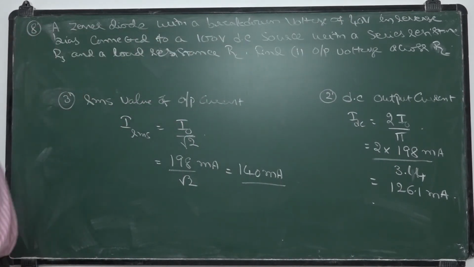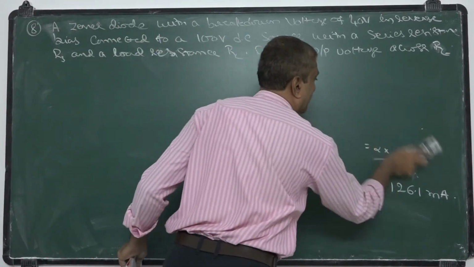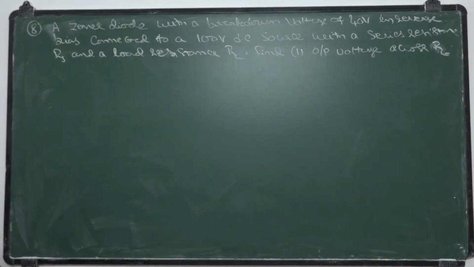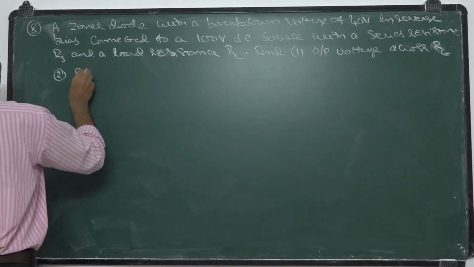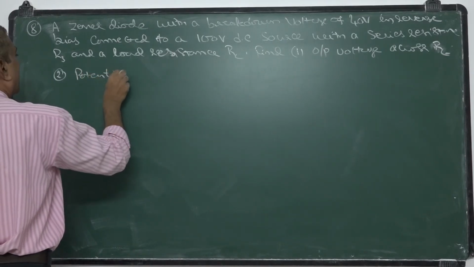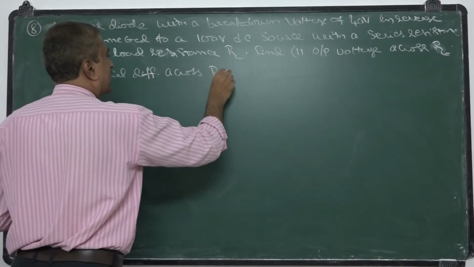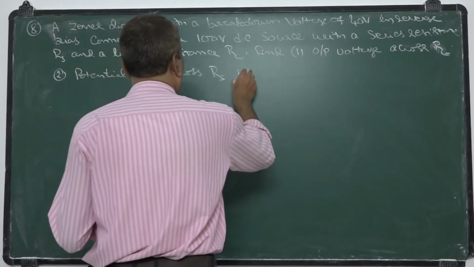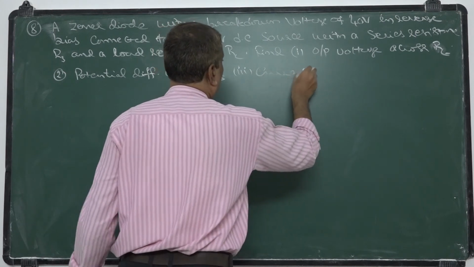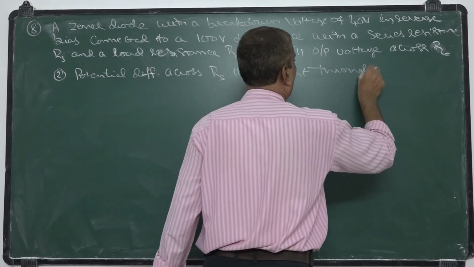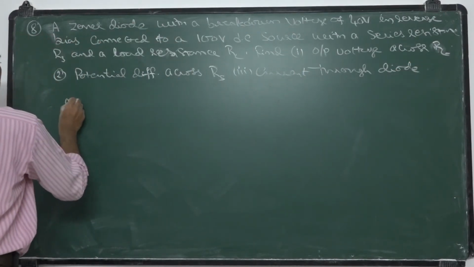Number 2, potential difference across RS. 3, current through diode. And the given circuit is like this.